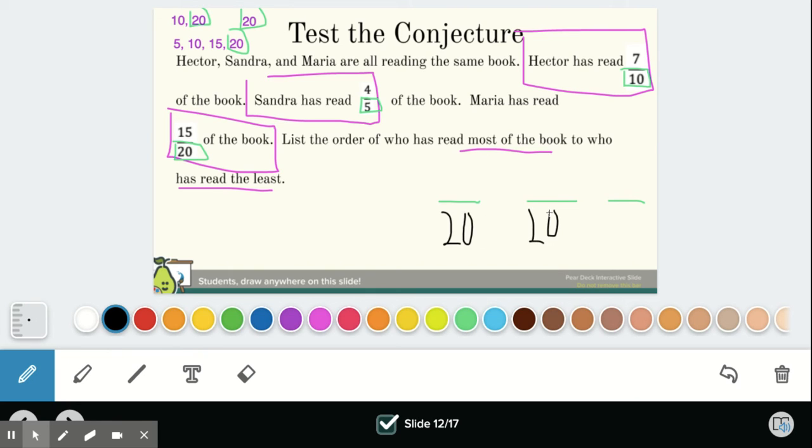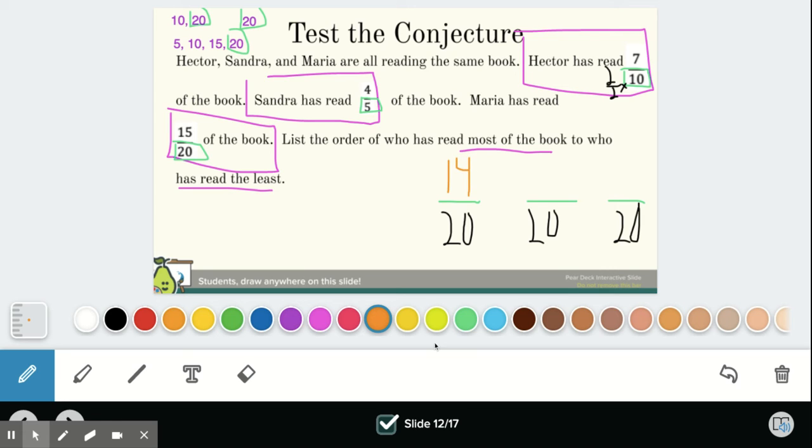But the numerator might need a change in order to make that happen. Okay, I'm going to start with Hector. If I want 10 to multiply into 20, I have to multiply that 10 by 2. So I need to make sure that I keep the fraction equivalent. So I have to multiply this entire fraction by 2 over 2. So 7 times 2 is going to be 14.